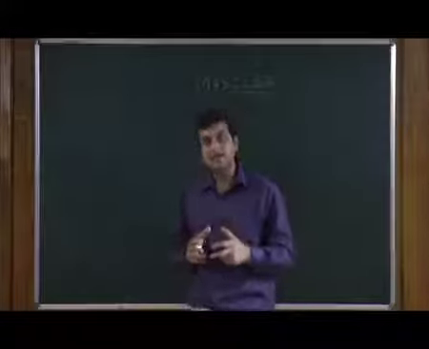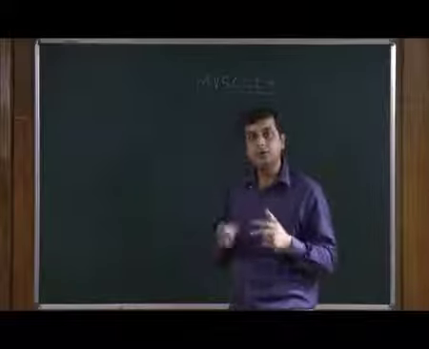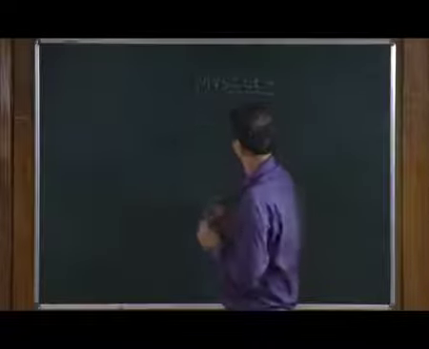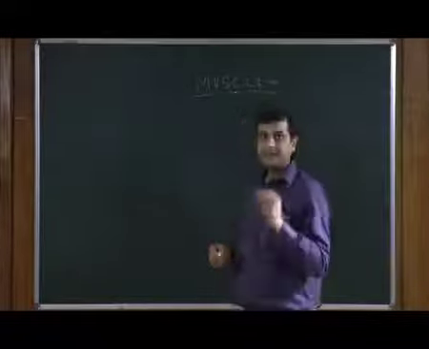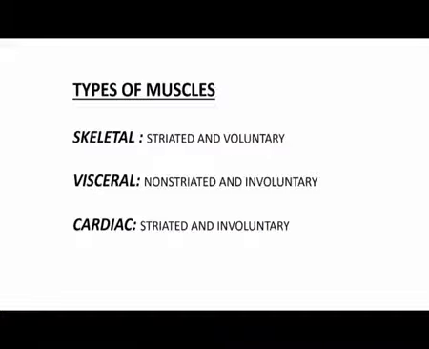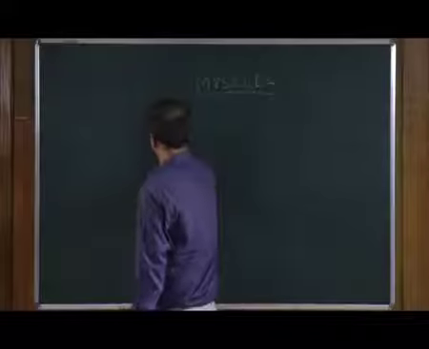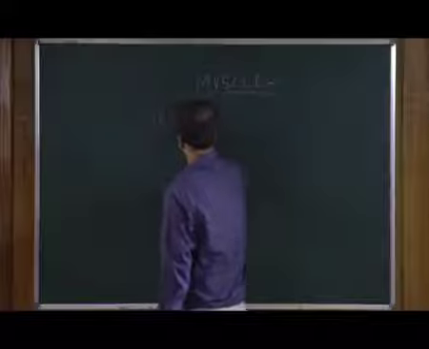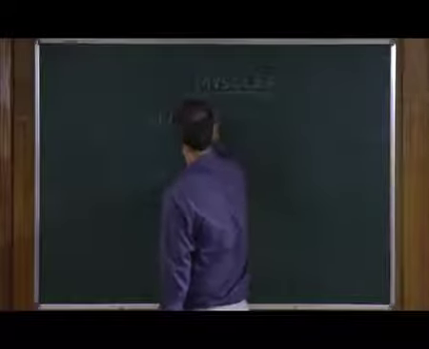Having said that, the muscular part of the human body is basically divided into three parts as shown in the slide. So we have three distinct types of muscle cells actually. So let's start with the first one, the skeletal muscle.